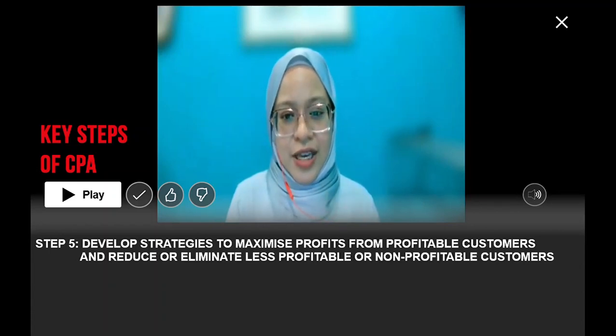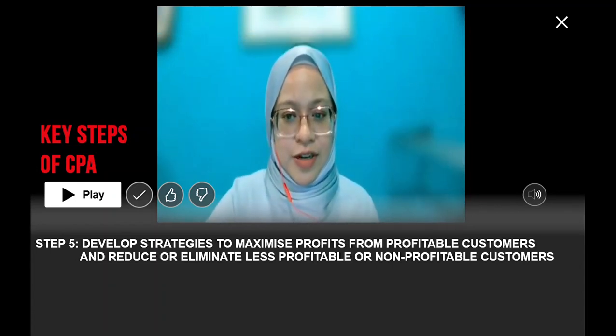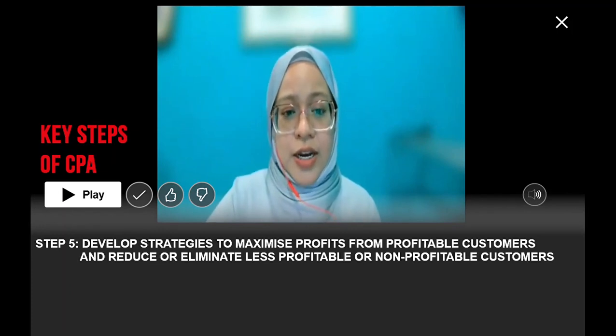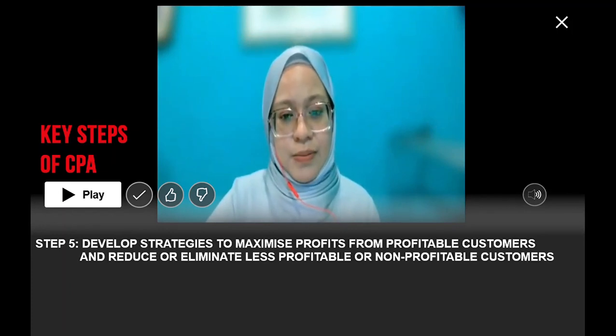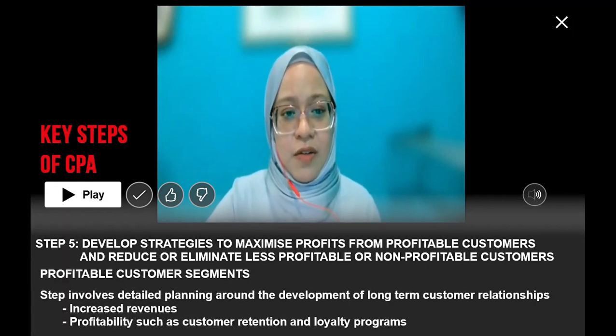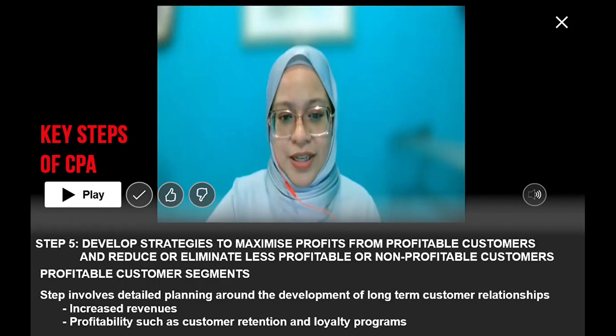Step 5 is on how they are going to develop strategies to maximize profit from profitable customers and reduce or eliminate less profitable or non-profitable customers. In this step, for the profitable customer segment, detailed planning will be incurred around long-term customer relationship establishment to increase revenue and hence profitability.